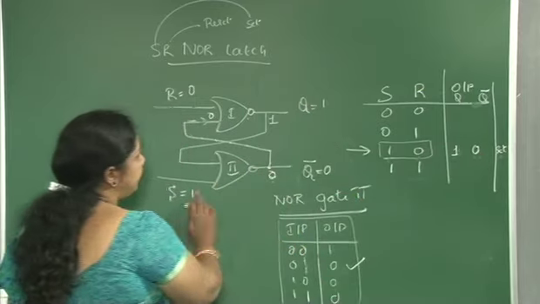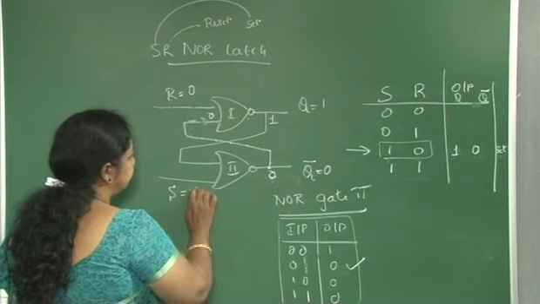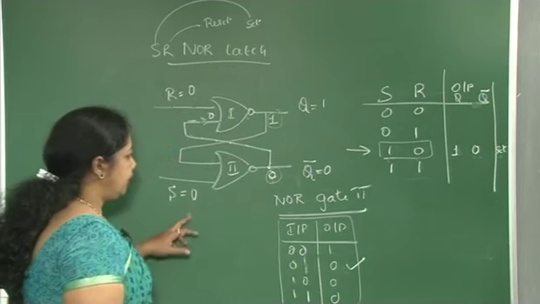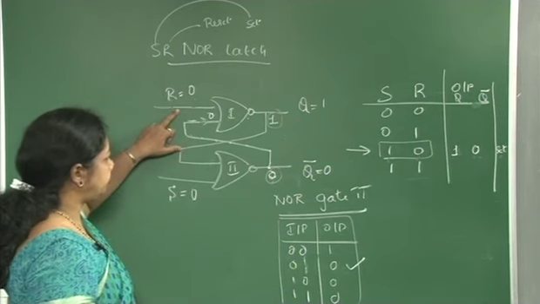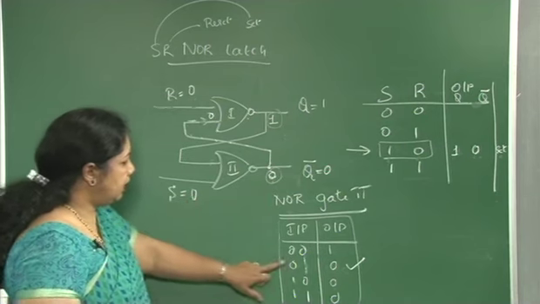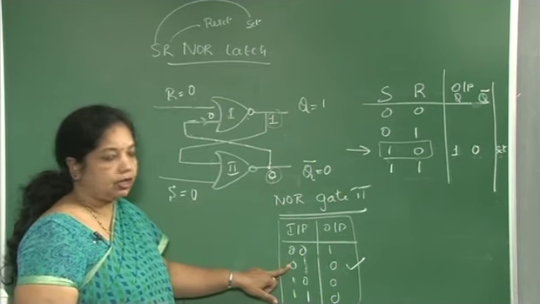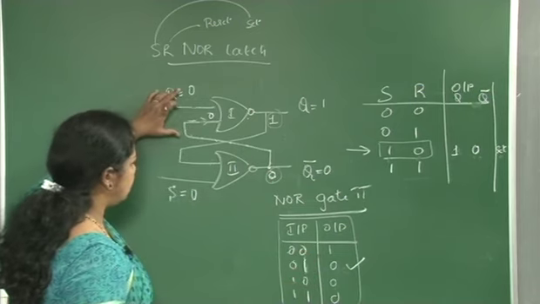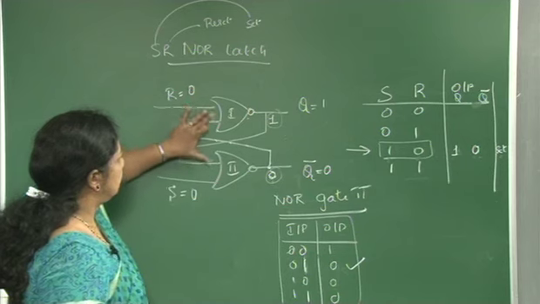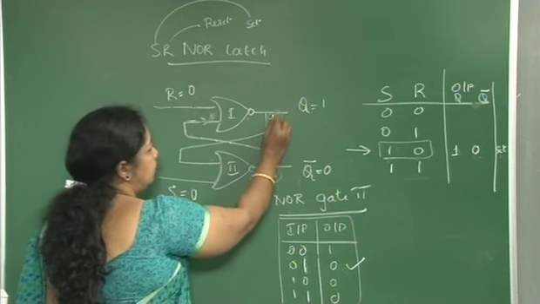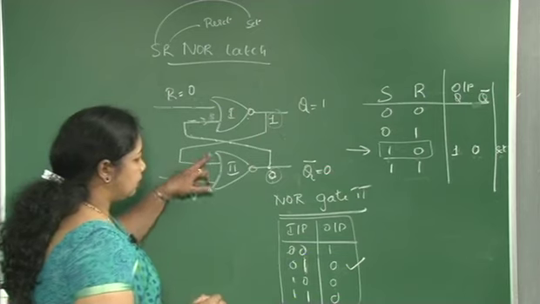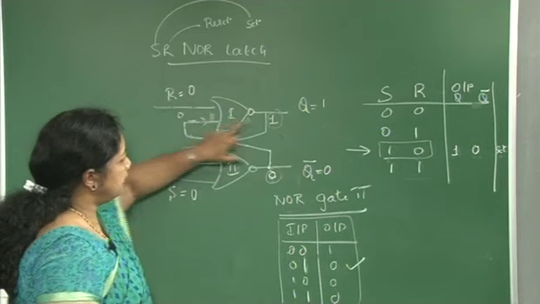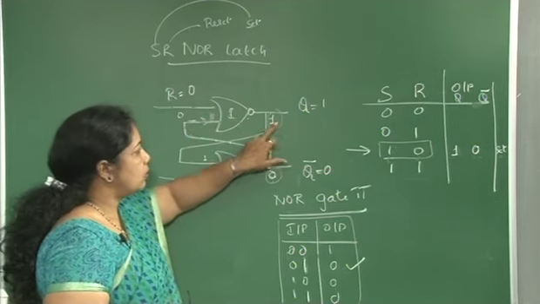Say I make the inputs 0 0. Any condition can be taken here, both can be 0 or either of them is 0. Suppose this is 0, and consider my previous value was 1. So 1 is coming over here, 1 and 0 gives 0, and the 0 going back here gives 1. So what is happening here?